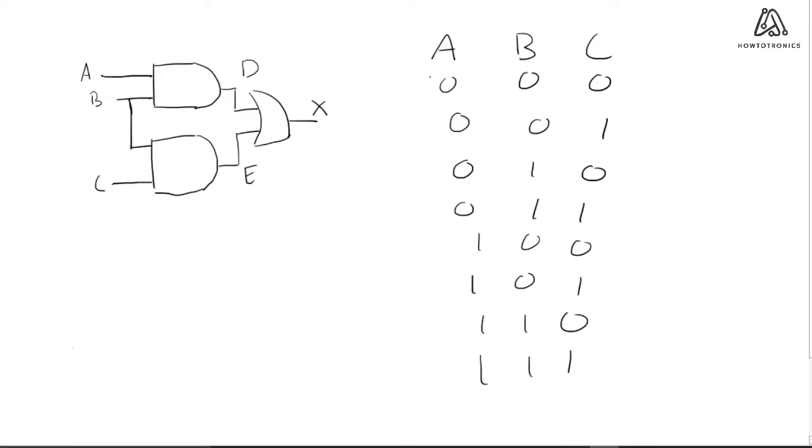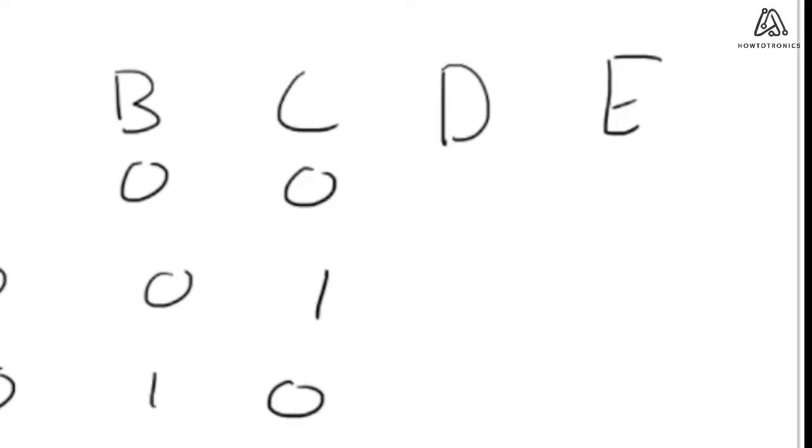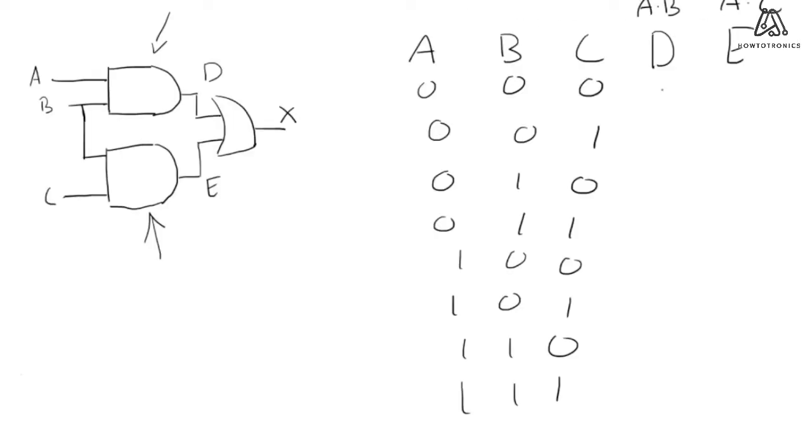This means we need 2 more columns, D and E. And because we have an AND logic gate for both, our boolean would be AB and AC. So each of these columns is labeled with an output, and we need to use this boolean expression for each one to get our desired output.